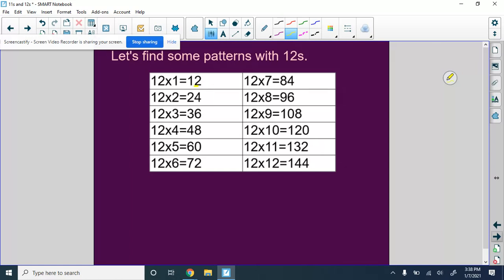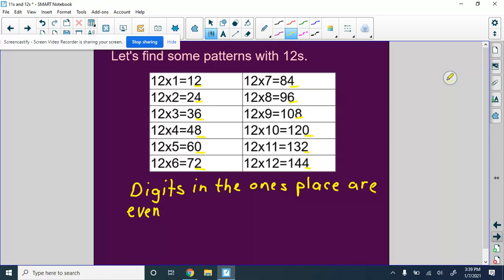First thing I notice is that all of the digits in the ones place are even.